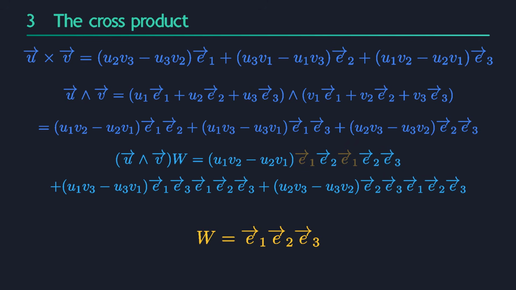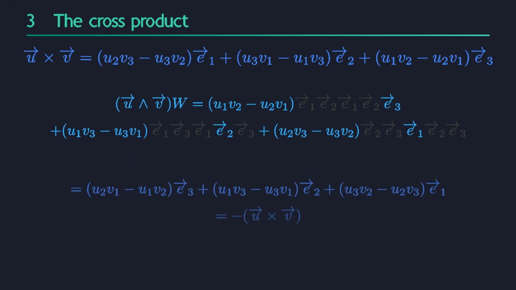Just look at how it perfectly gets rid of all the bivectors and turns them into the correct vectors. Other than the leading minus sign, the two formulas are now exactly the same. This is brilliant. It means that we can throw the cross product in the garbage, because we can always use its dual instead, the wedge product.